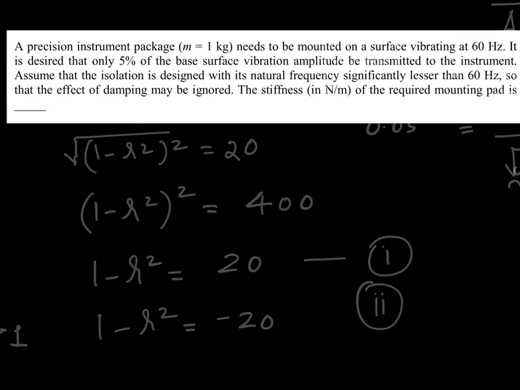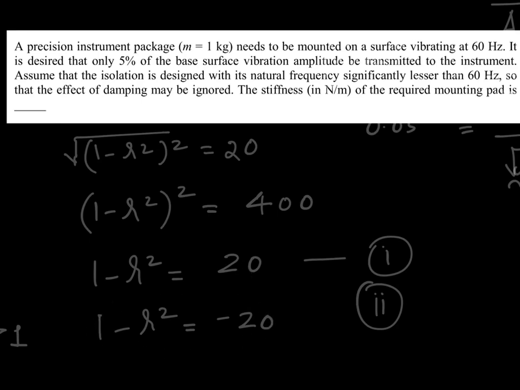The physically feasible scenario is this particular equation. Make sense? This won't be the case: if r is real, there is no real value of r which will satisfy this equation. So this is the equation which we need to solve.